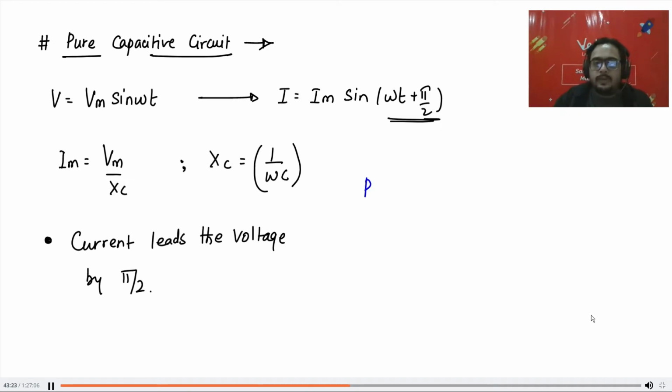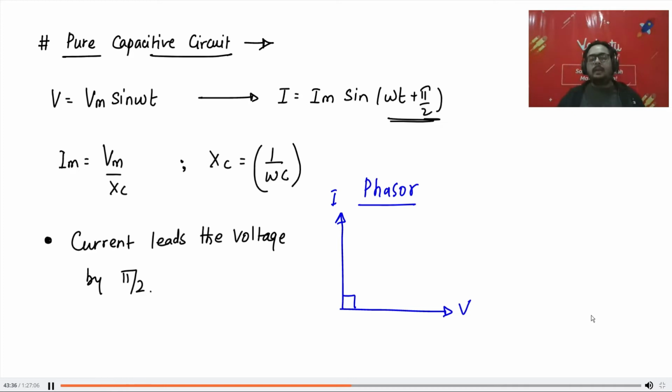So if I draw the phasor diagram for a pure capacitive circuit, I can draw it. If voltage is here, current should be here. Am I correct or not? Any doubts?